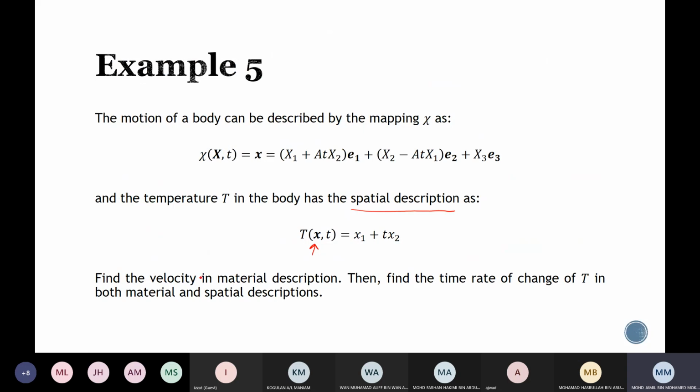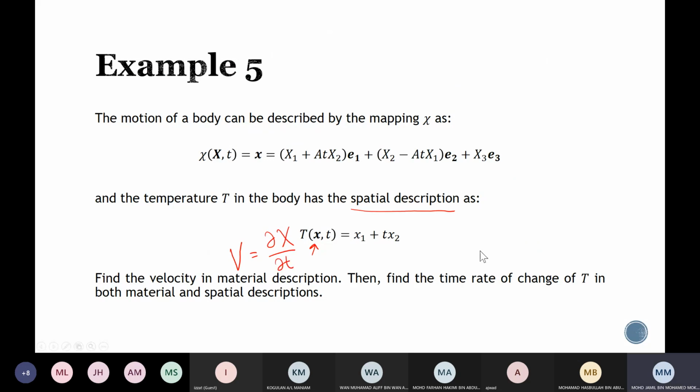Find the velocity in material description, and then find the time rate of change of T in both material and spatial description. So first, let's find the velocity in material description. Meaning that kita nak cari big V, okay. To find big V, just differentiate the mapping with respect to time.